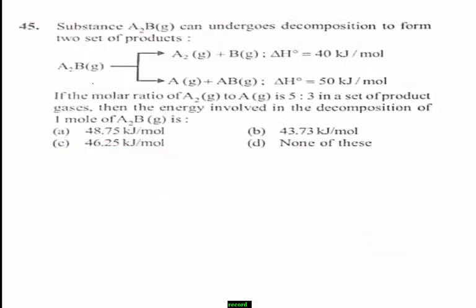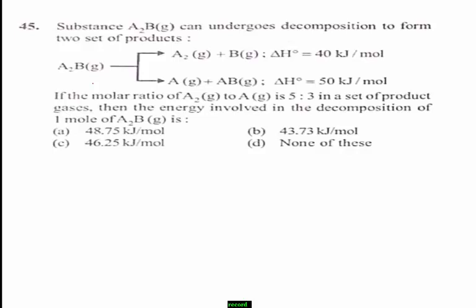Next, question number 45. Substance A2B can undergo decomposition to form two sets of products. A2B is one of the gases. It splits into A2 gas plus B gas, delta H standard equal to 40 kilojoule per mole, and A gas plus AB gas, delta H standard change in enthalpy 50 kilojoule per mole.